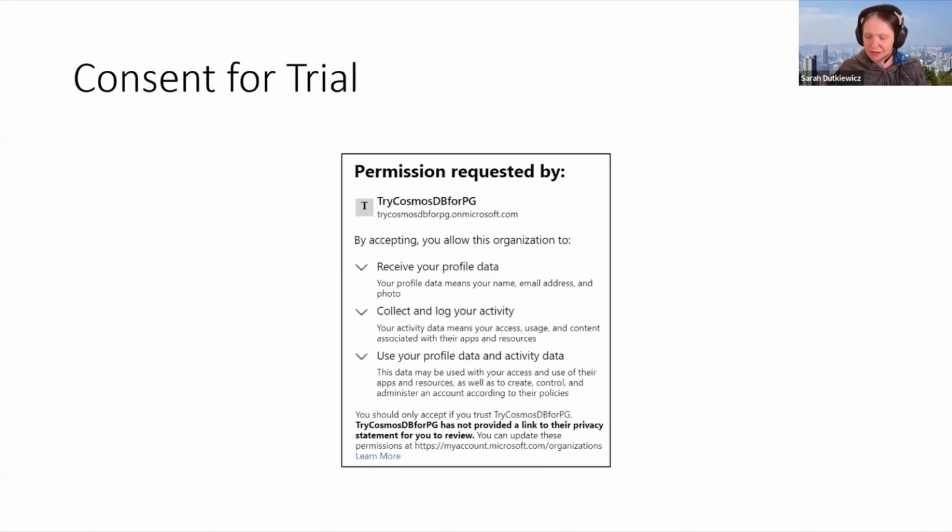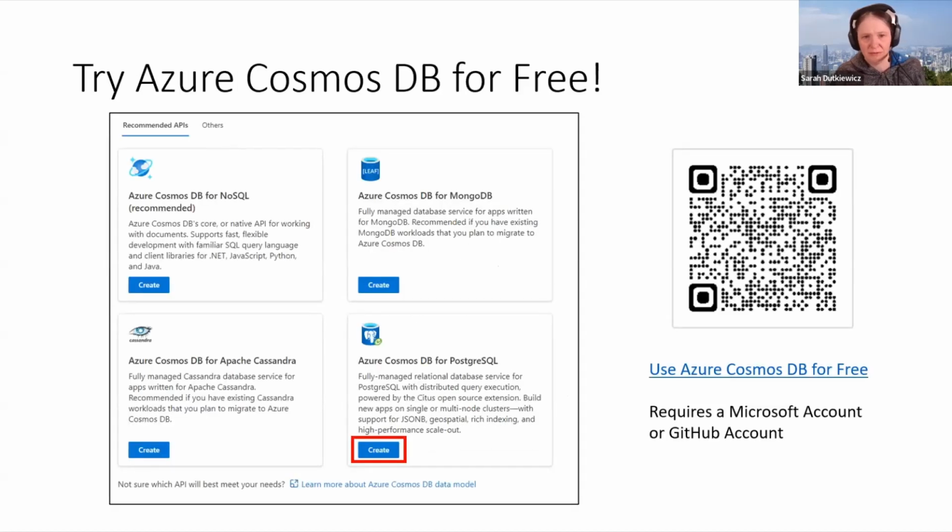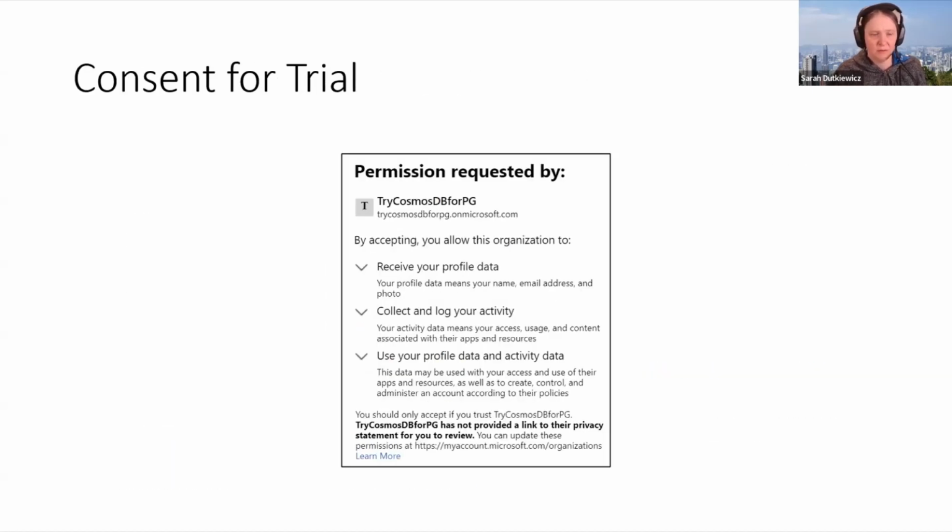Now I have a full Azure account, but at the same time, I wanted to see what this trial did. So the next few screenshots that I'm sharing are from when I created my own using this Try Azure Cosmos DB for free. So when you go to do that, it's going to ask if it can have permission. Notice it says Try Cosmos DB for PG for Postgres. So it's going to ask for your consent.